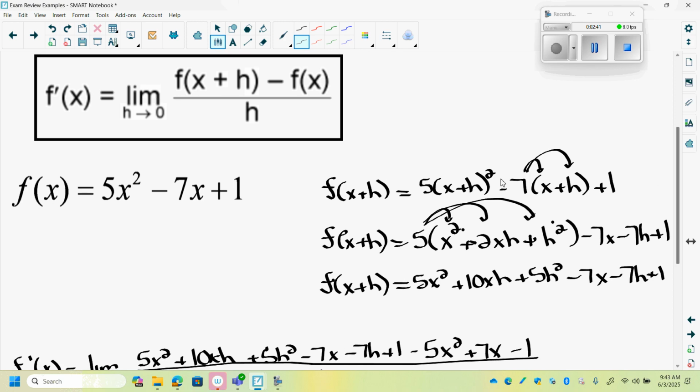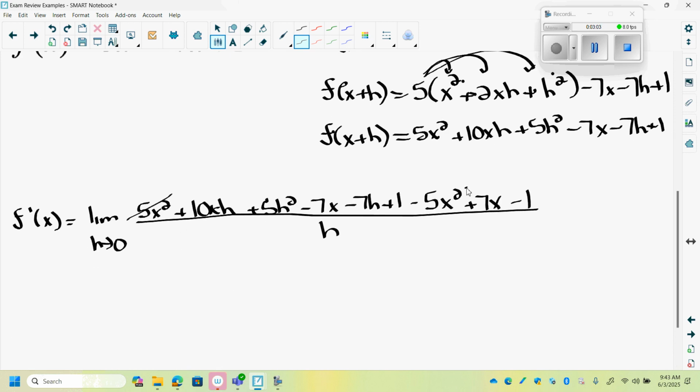Okay, I'm just filling this formula in right here. So 5x squared plus 10xh plus 5h squared minus 7x minus 7h plus 1. And then I'm subtracting 5x squared minus 7x plus 1. Distribute the negative, you'd get negative 5x squared plus 7x minus 1. All over h.